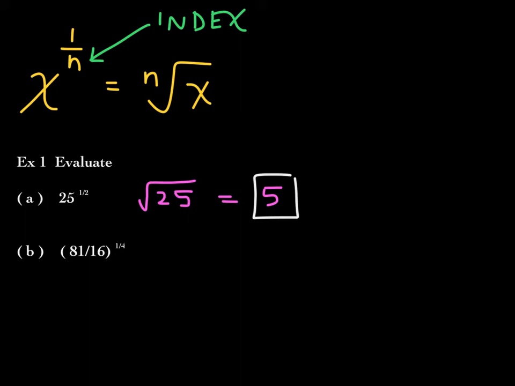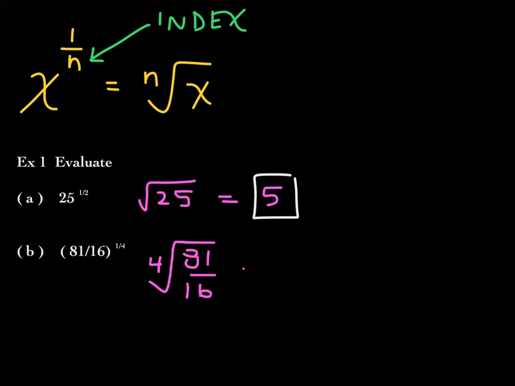Here we have 81/16, or 81 over 16, raised to the power of 1/4. So what does this mean? The 4 in the denominator of your rational exponent means the 4th root of 81/16.